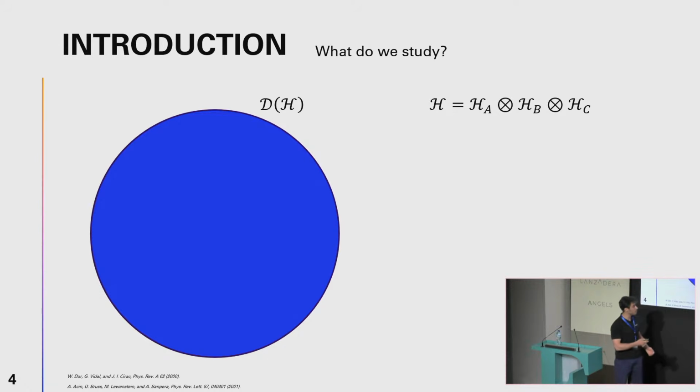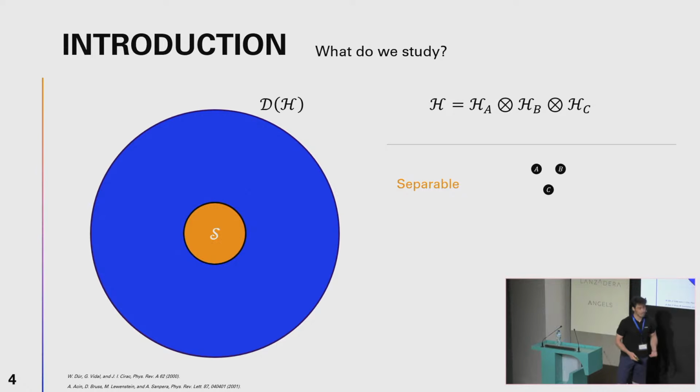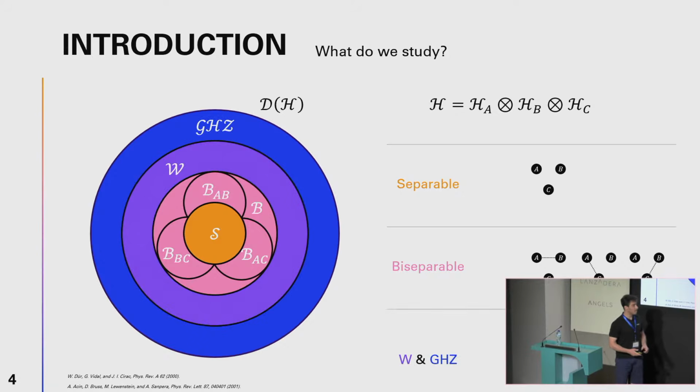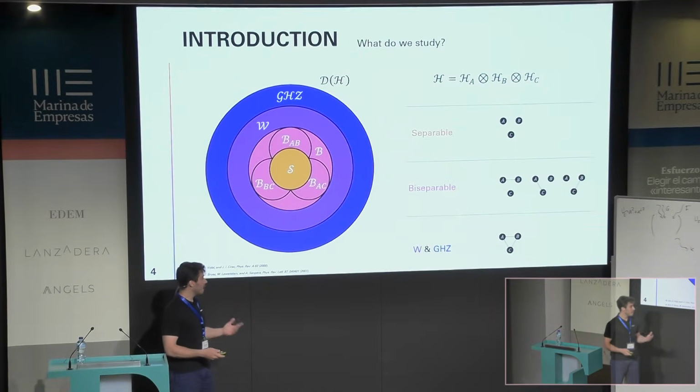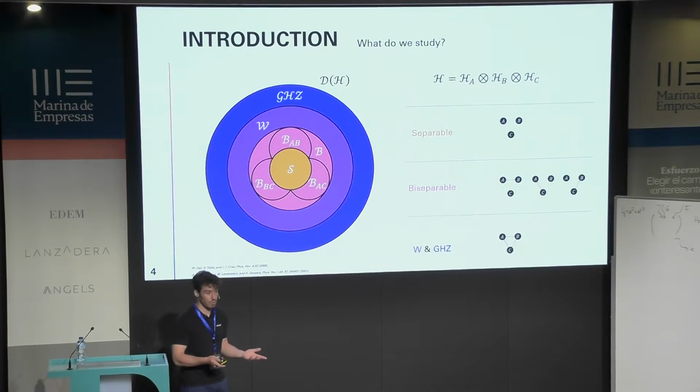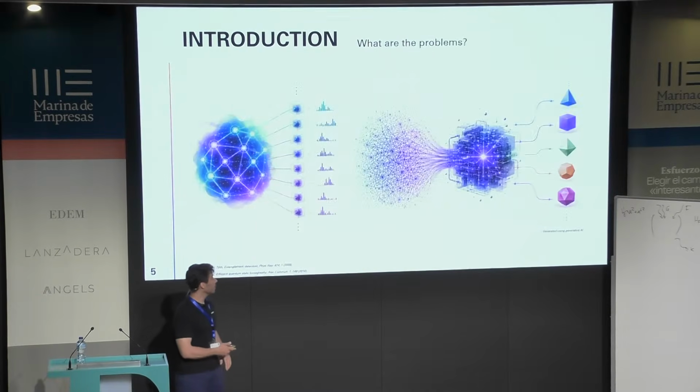For instance, we can have separable states that contain no entanglement, biseparable ones, which have correlation between pairs of particles, and genuine multipartite entanglement, which means all 3 particles are entangled. And for qubits, there are 2 non-equivalent classes, which are called W and GHZ. As a summary, they have different properties, and they are useful for different applications.